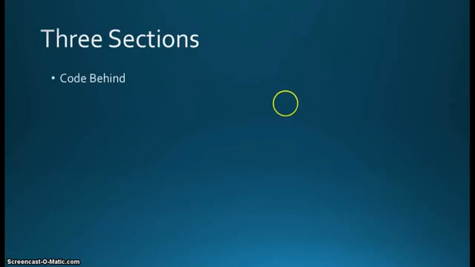So the third and final section we're going to talk about is the code behind. This consists of VBA, and there is also something called macros, which we'll get to in just a second. VBA is essentially Visual Basic for Applications, and it is used in all Office applications, including Excel, Word, and Access.